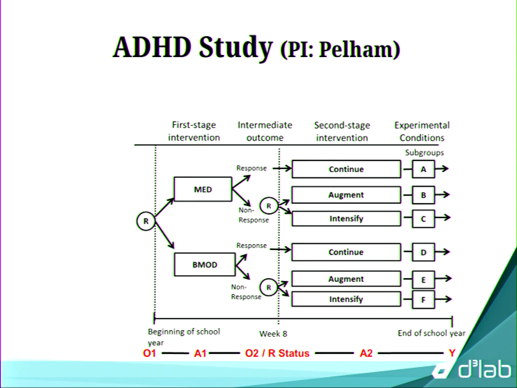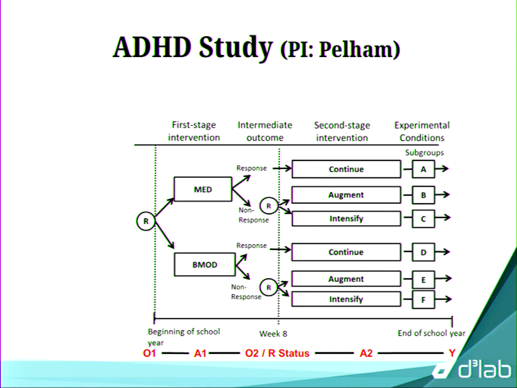All right. Response status was assessed monthly, starting at week 8. Every month, if the participant was classified as a non-responder, he or she got re-randomized to either augment or intensify. Augment means add the alternative intervention, the one that the kid did not receive initially.